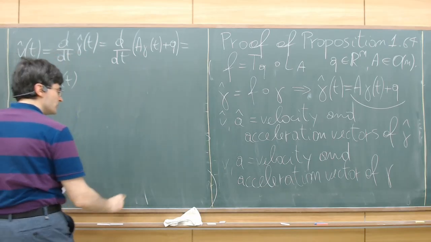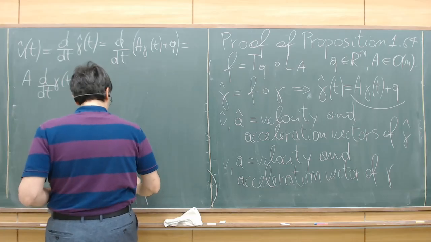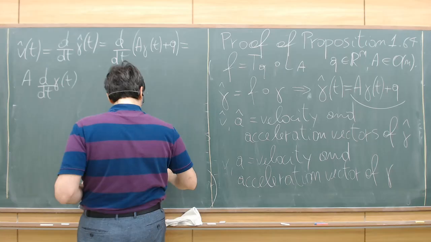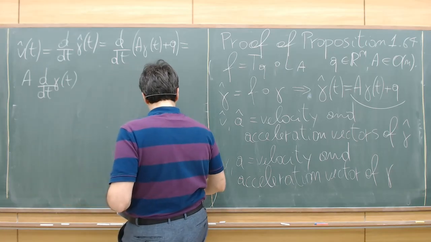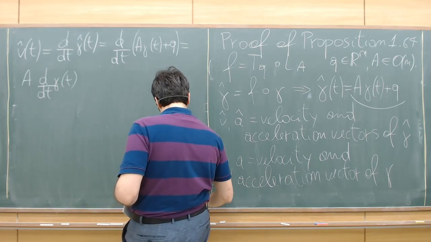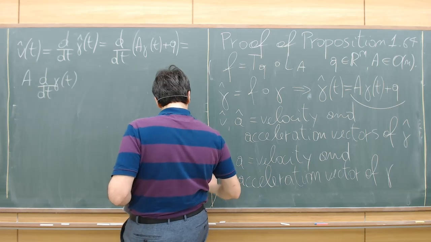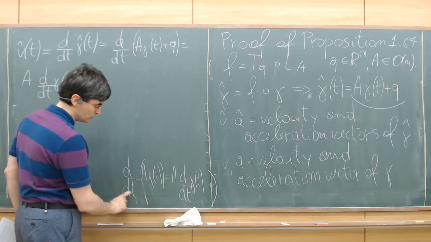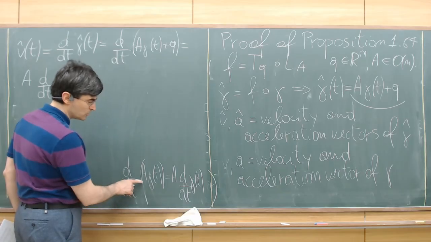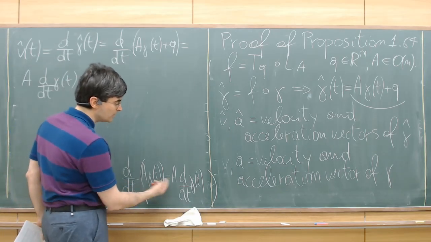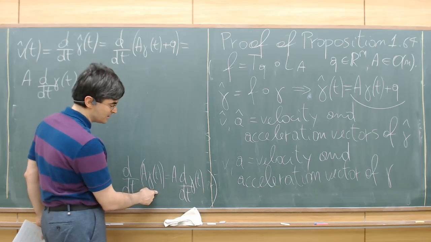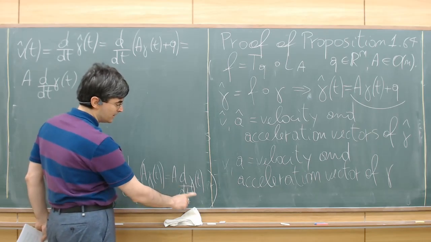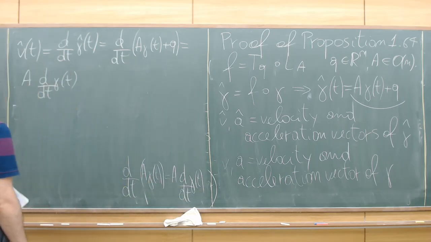If you want to prove that d/dt of A gamma of t is equal to A d/dt gamma of t, what you have to do is to multiply A by gamma of t and compute the derivative of each component, and then compare this result with the one you get multiplying A by d/dt gamma of t.